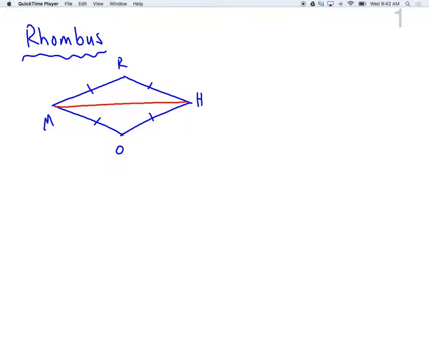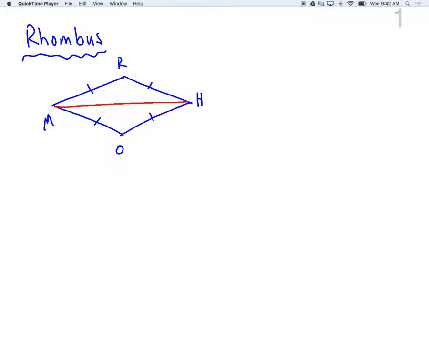You could do side, side, side. Perfect. Now, if those two triangles are congruent, then what do we know about angle R and angle O? They're congruent because of CPCTC.